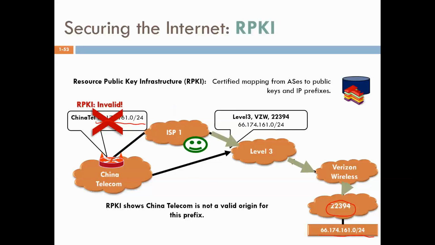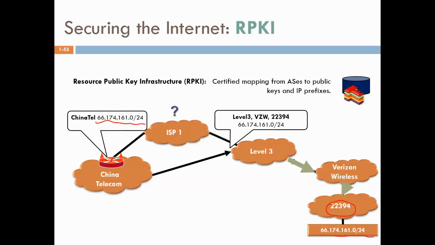So in this case, China Telecom would not actually be able to produce the same announcement. It cannot send the announcement that this network is connected internally to China Telecom because it doesn't have the signature. And the signature, for your information, is based on cryptographic algorithms that are computationally very difficult to fake. So no one can actually produce the same signature as 22394.